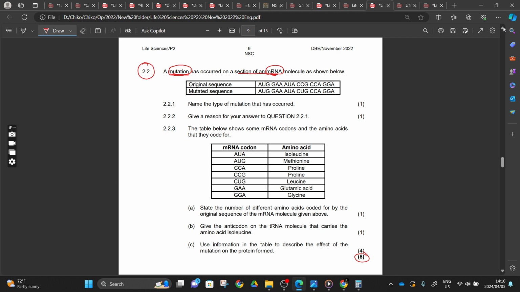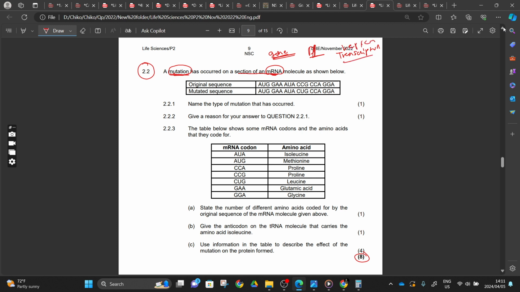I've told you that this gene mutation can happen during DNA replication, and then we can have an mRNA that has an incorrect sequence. Or we can have this gene mutation during protein synthesis, DNA transcription, or DNA replication.